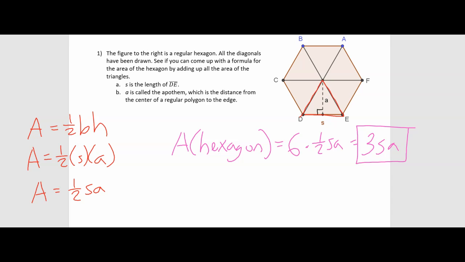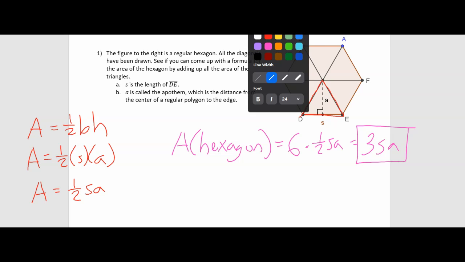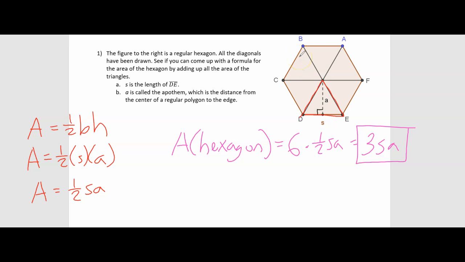Now, you could just intuitively figure out how to find the area of a pentagon or a decagon or a nonagon, etc., by just multiplying 1/2 s times a times the number of triangles. There is one other nuance I want to show you, though. Let me just draw it again.